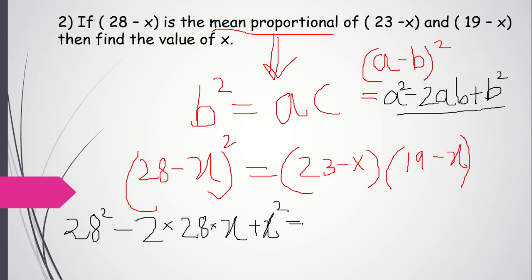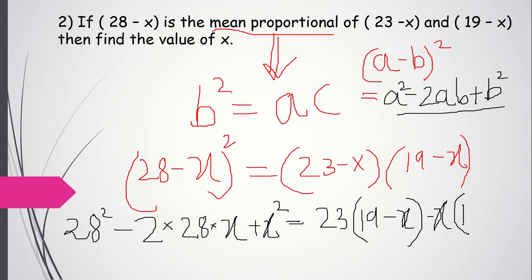Is equal to, now how do we multiply these two brackets? First break the first bracket: 23, and multiply 23 with the second whole bracket 19 minus x, and this minus x with the second whole bracket 19 minus x.